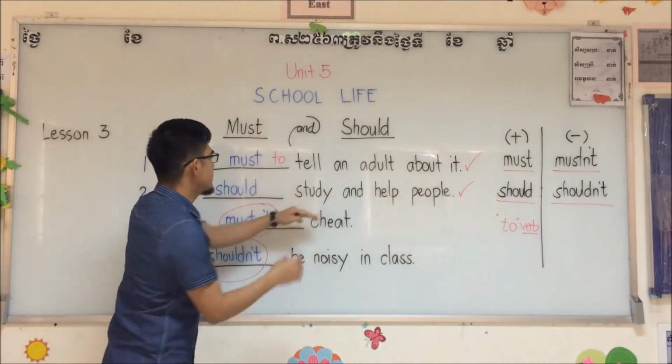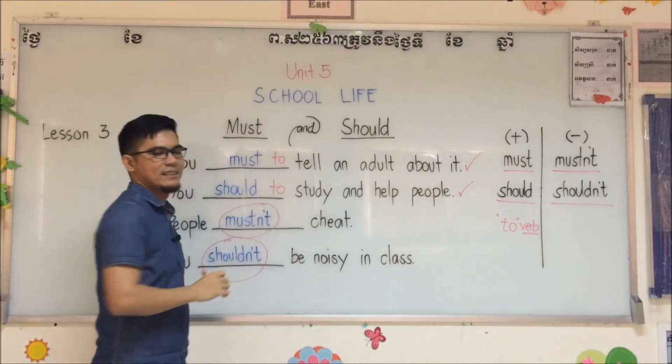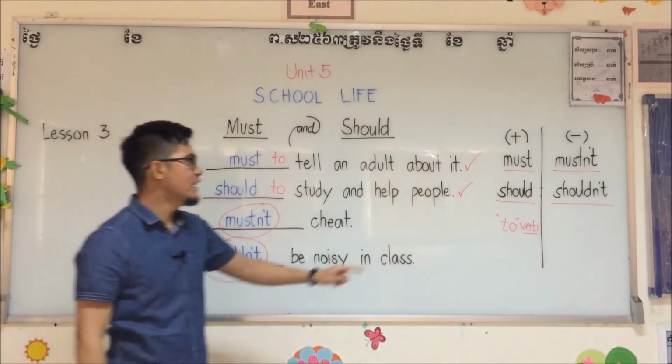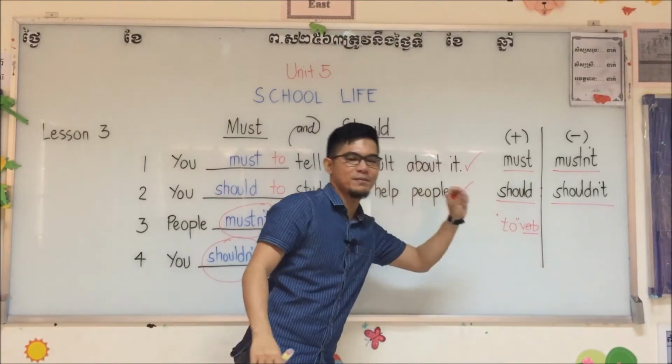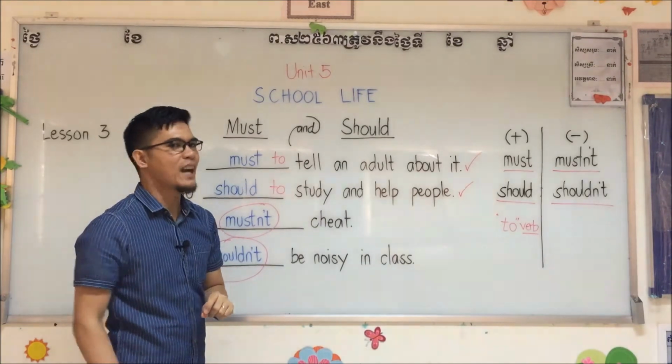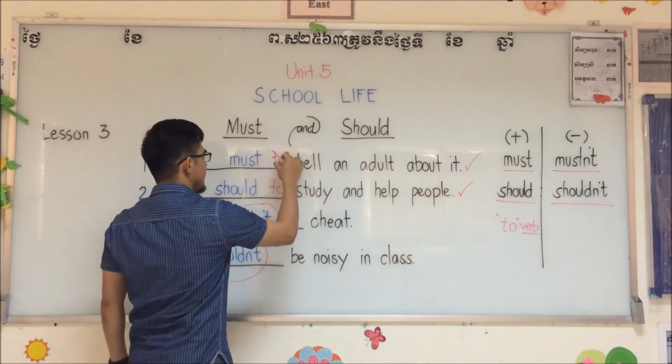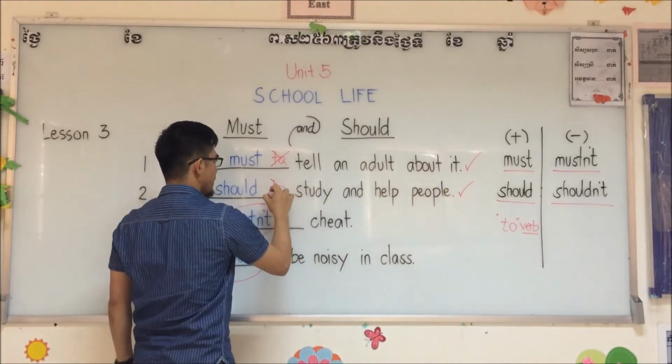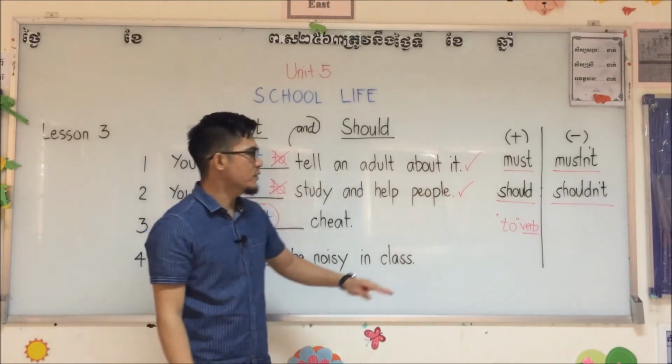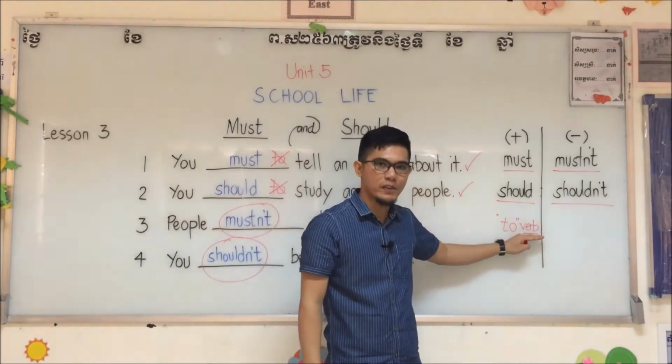You should to study. Do we need to use the word to before the verb? No. We don't need to use to because we use the base form of the verb.